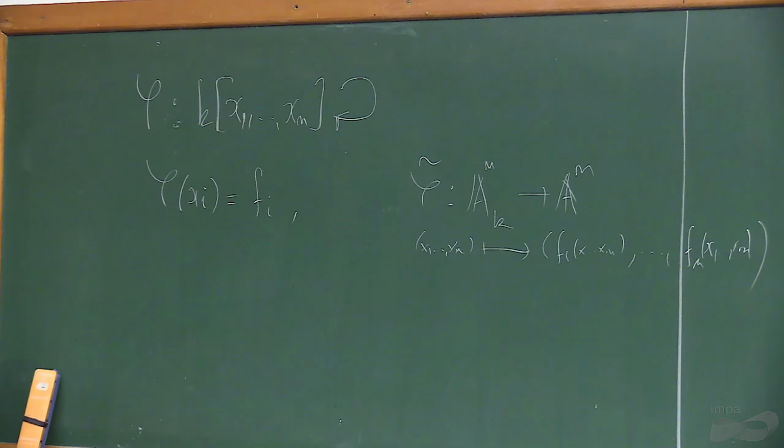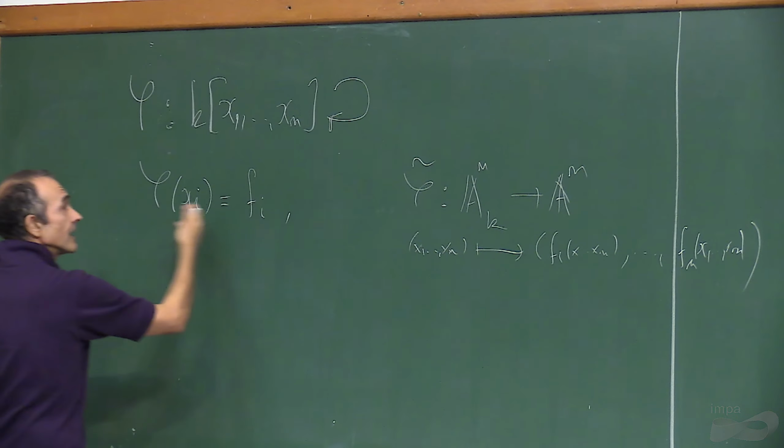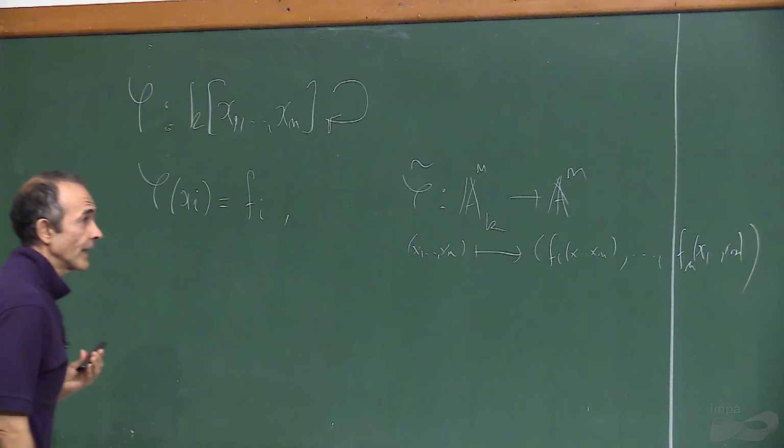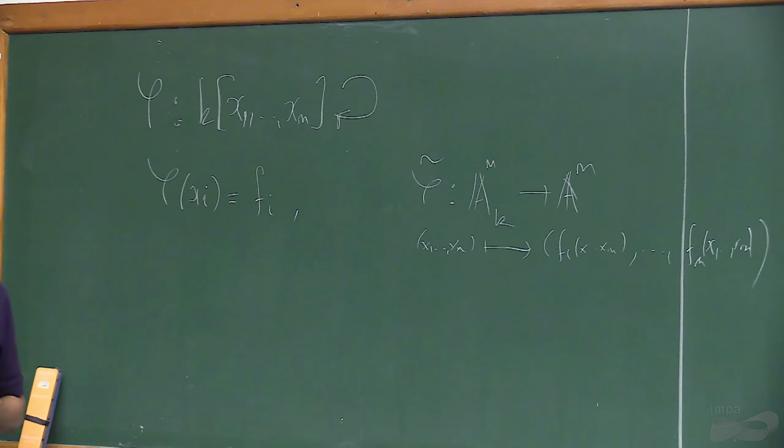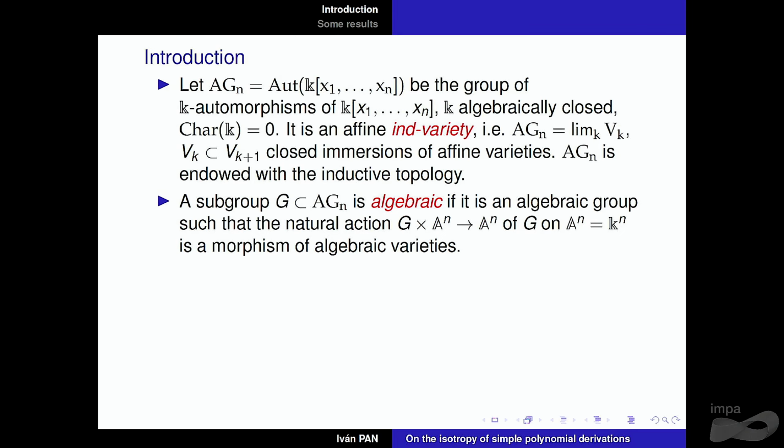And then I will identify phi and phi tilde. Then this automorphism acts on the affine space as a morphism of algebraic varieties. Then one says that G is an algebraic group.